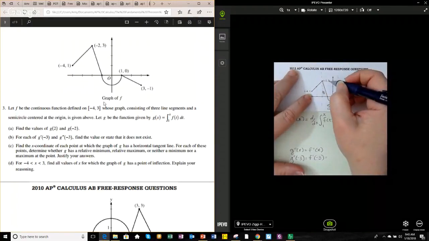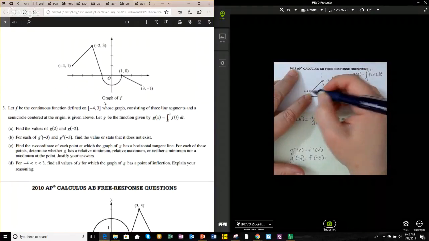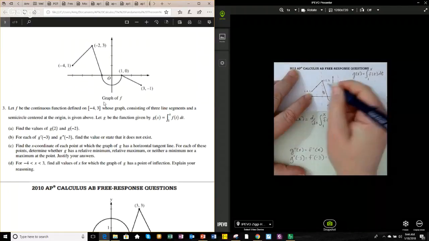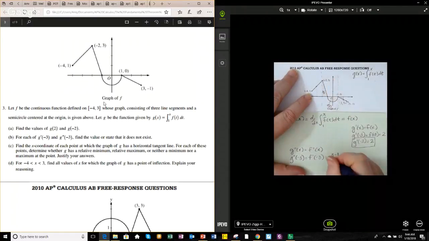And if we were to do the slope of this, it would be 3 minus 1. I'll do it with you. 3 minus 1 over negative 2 minus negative 4. So this will equal 2 over 2, which happens to be 1.